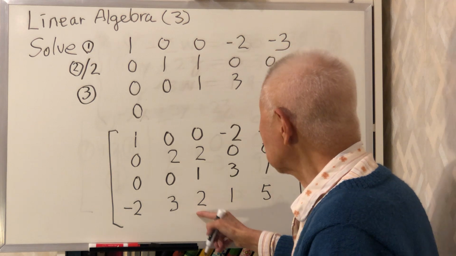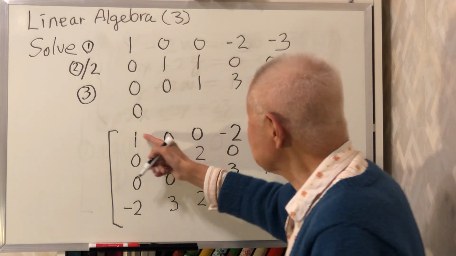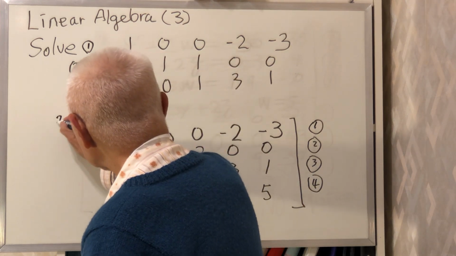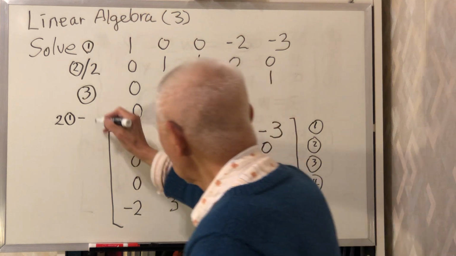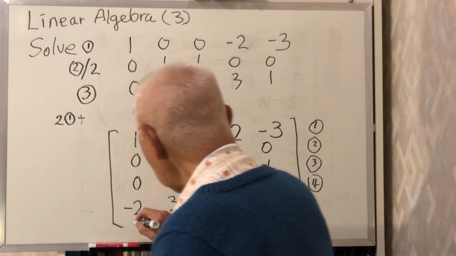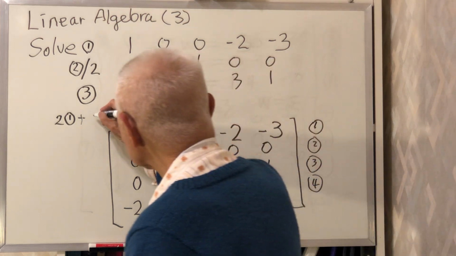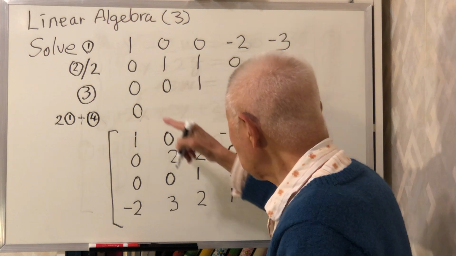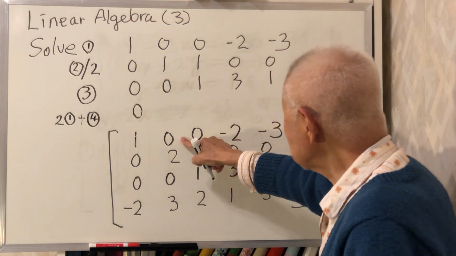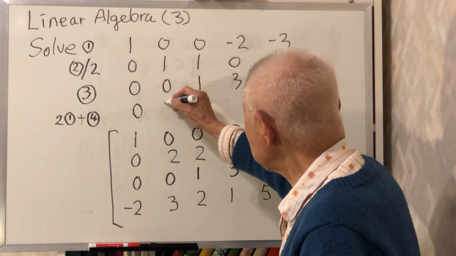And this one, I want to make this 0. So I multiply 2 to row 1 and add to row 4. So I get 0. Multiply 2 is still 0. This is 3.